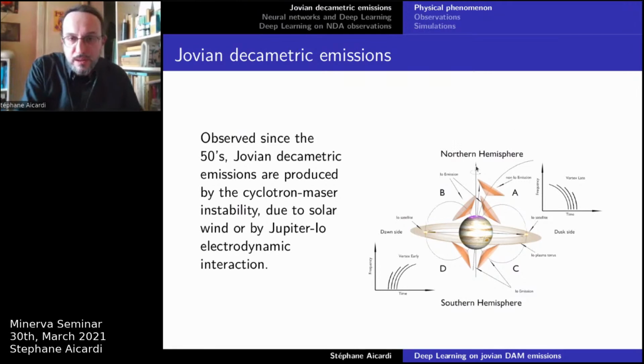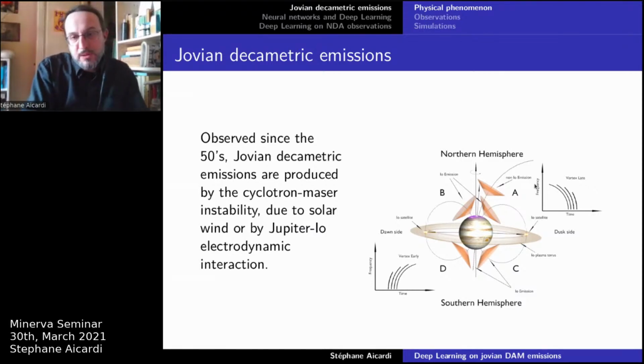Here, I hope you see my pointer. We have a sketch that presents all the cases that we'll use later. So we have either Io or non-Io emissions.